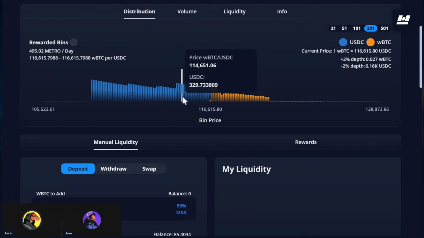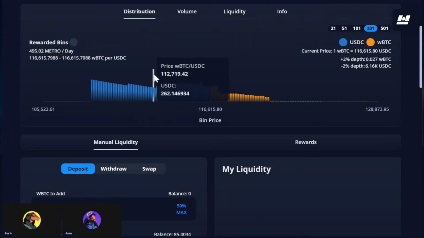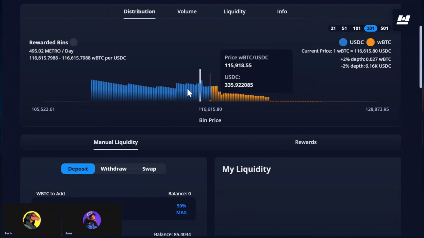This way they trade into Bitcoin while they earn fees and rewards. You trade and you don't pay fees, but you earn fees and you earn rewards for it. So it's a really nice way of DCAing into a token. It's nice to see the strategy here.